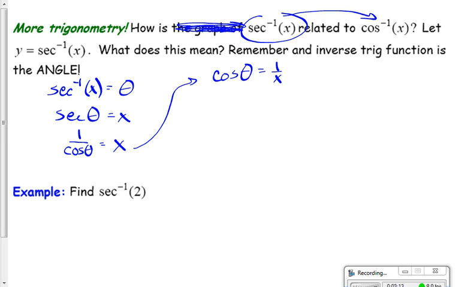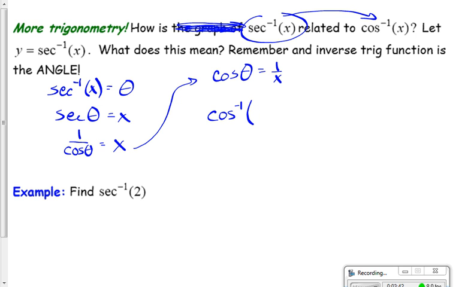Just take a moment in your mind and defend that. Good so far? Are we almost to a point where we can write it in terms of a cos inverse? What would the cos inverse statement here be?